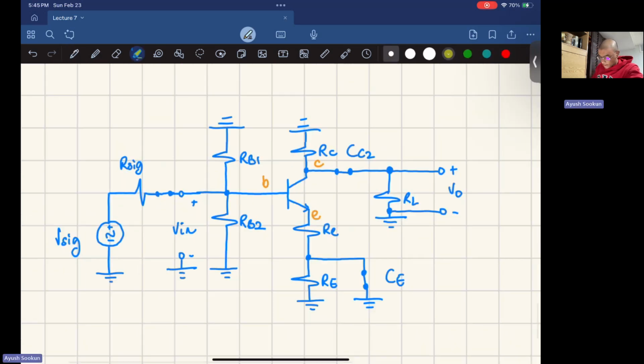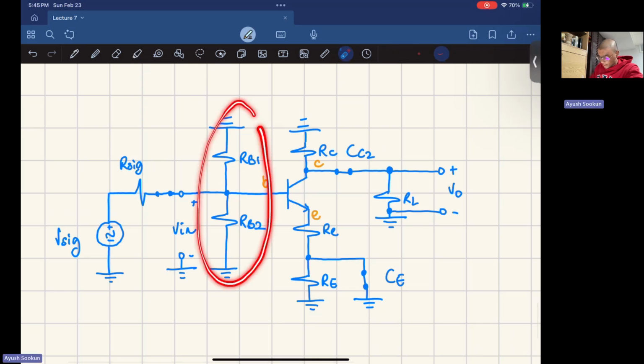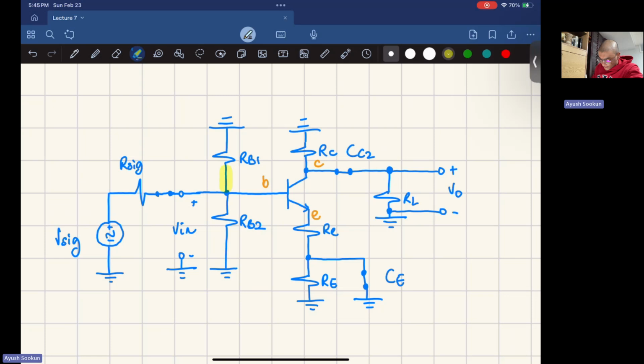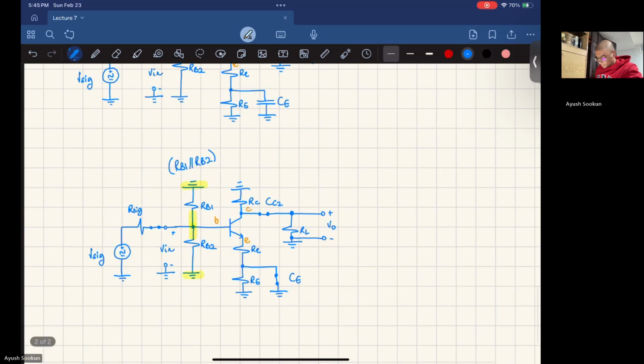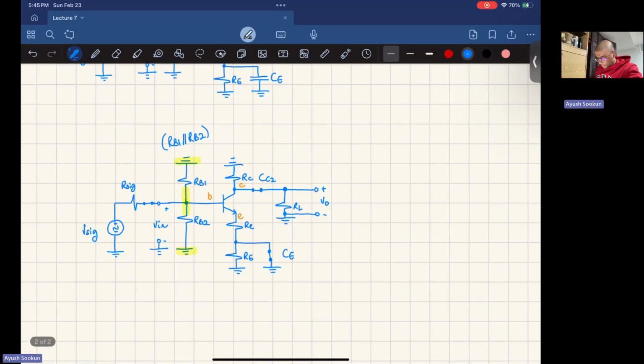First thing we can notice is that this voltage is the same for both, and this voltage is the same for both. That means the resistors are in parallel with RB. Okay, that's one thing.